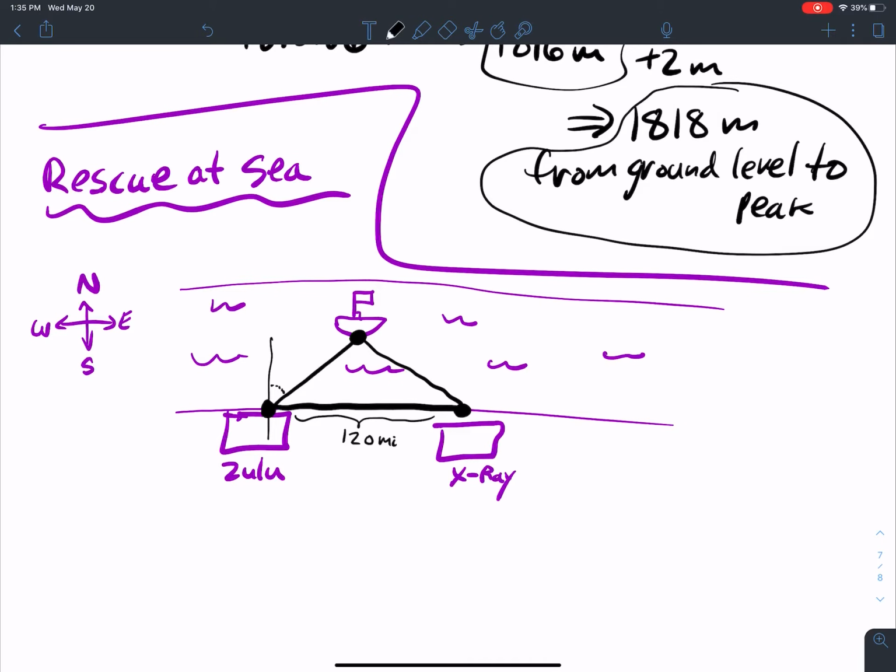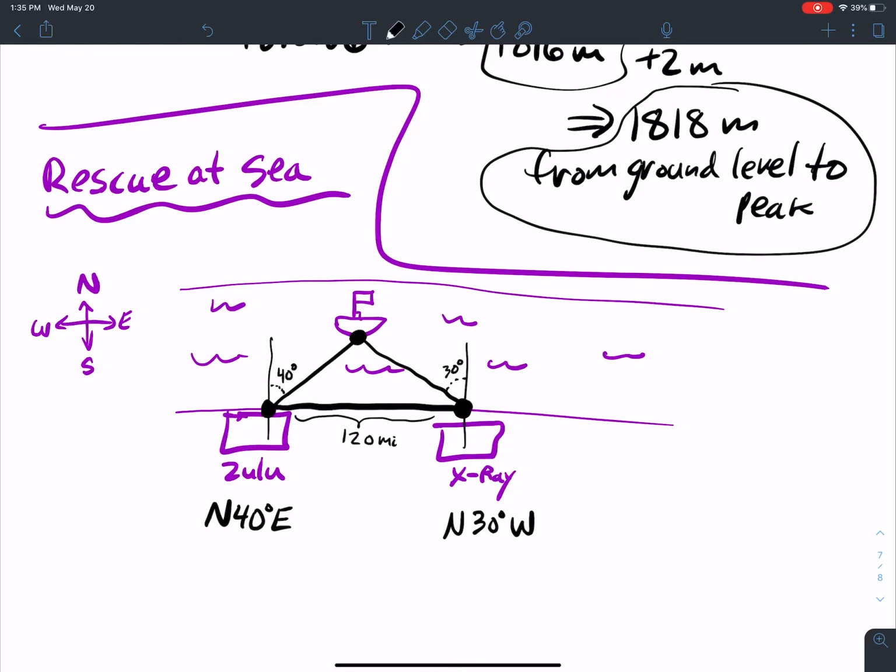Well, it was a bearing from Zulu of north 40 degrees east, so that's 40 degrees here. And then the X-ray station received it at north 30 degrees west. So looking west, that's 30 degrees to the west, like this.